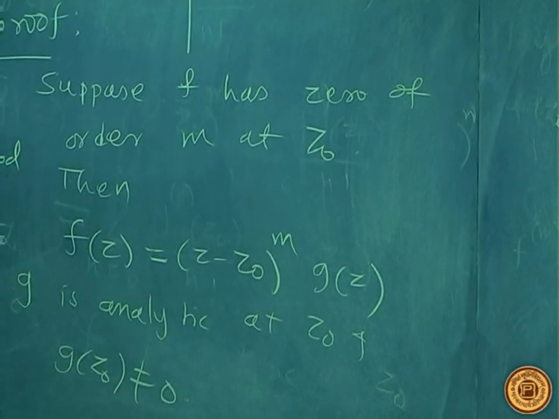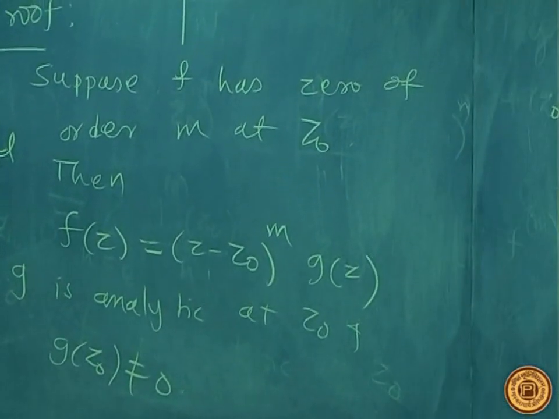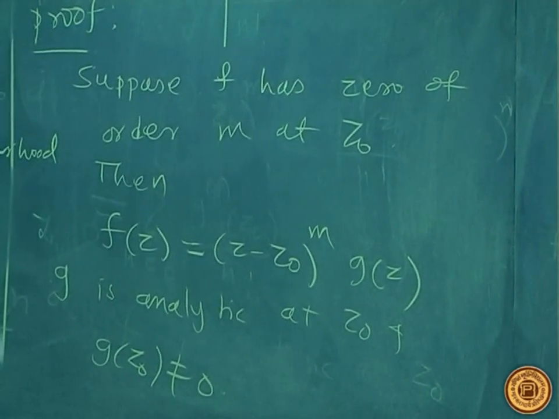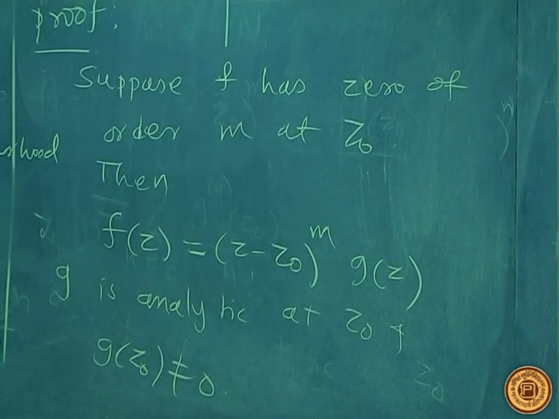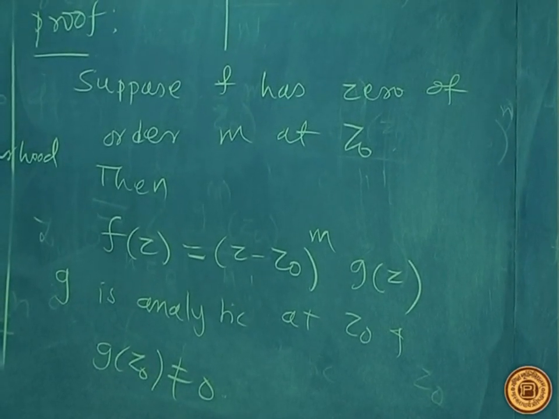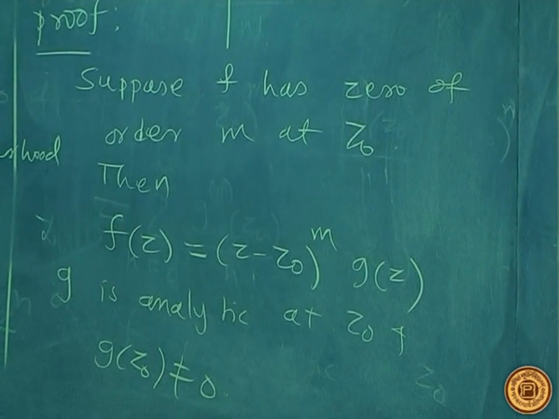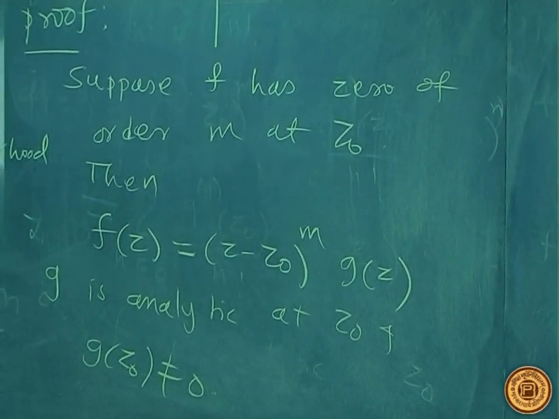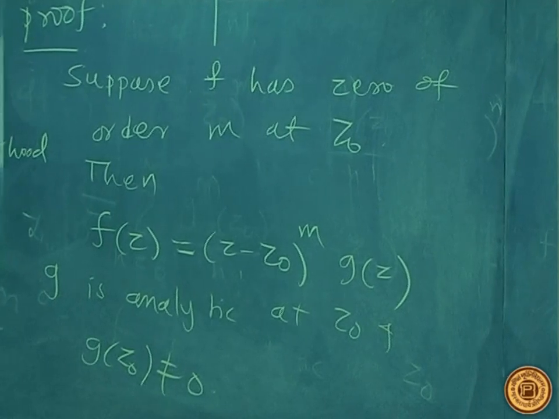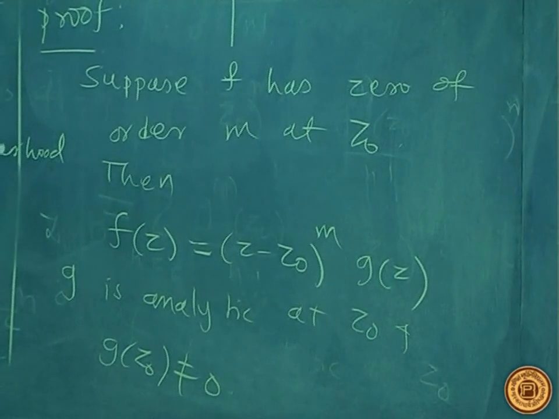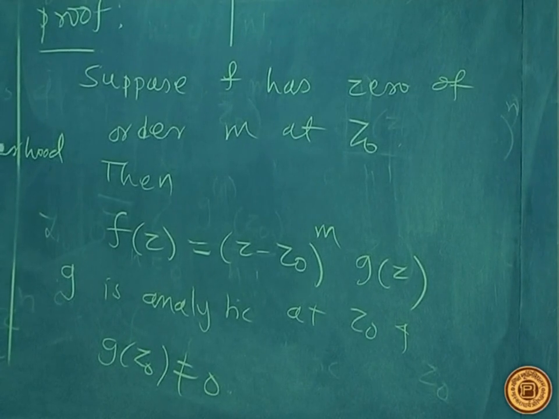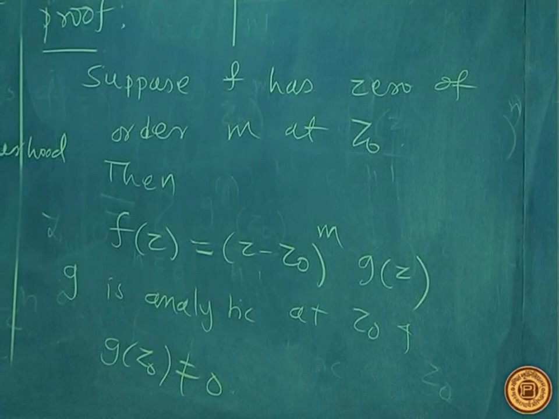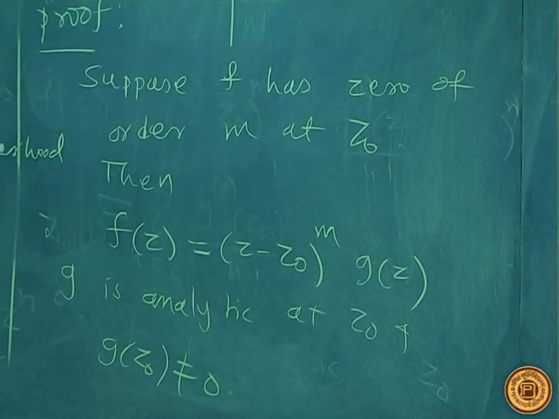Now an analytic function is continuous: if it is analytic at z naught, it is differentiable there and therefore continuous. Do you know the property that if a continuous function is non-zero at a point, there is a neighborhood of that point throughout which it is non-zero?